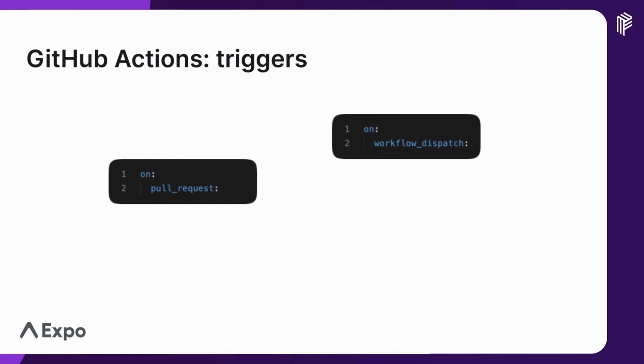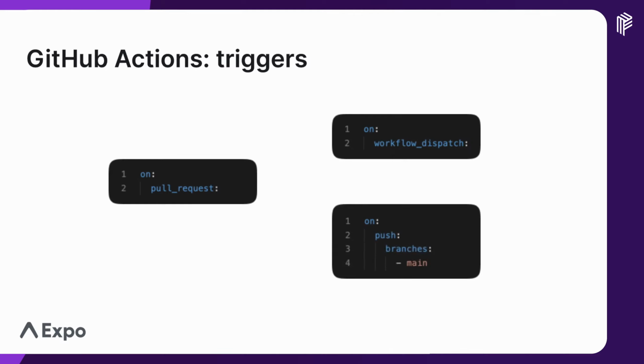And usually it is used to minimize the riskiness of really large actions, like replacing a whole server or something like that. And last but not least, there is on push branch, and then whatever branch you want. In this case, the workflow will be triggered whenever somebody pushes something to the main branch.